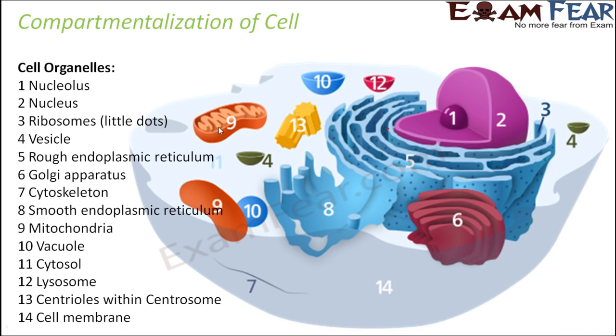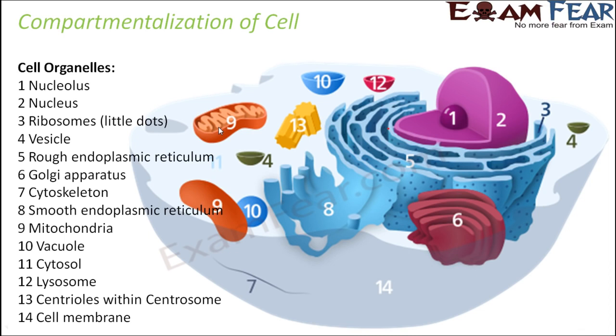Now, when we started, I started talking from the discovery of cell. That time I said that nobody knew anything about cell. It was Robert Hooke who could see those empty spaces with boundaries like the honeycomb structure, and he named them as cells. But that time also nobody knew what is there inside the cell. Over a period of time, different scientists started discovering different components of the cell, and today we have so many different components present inside a cell.